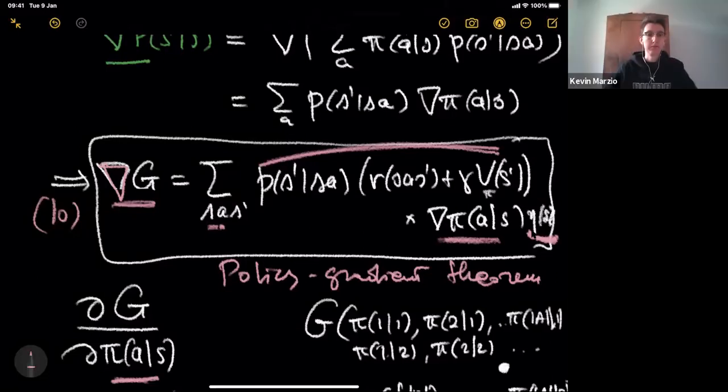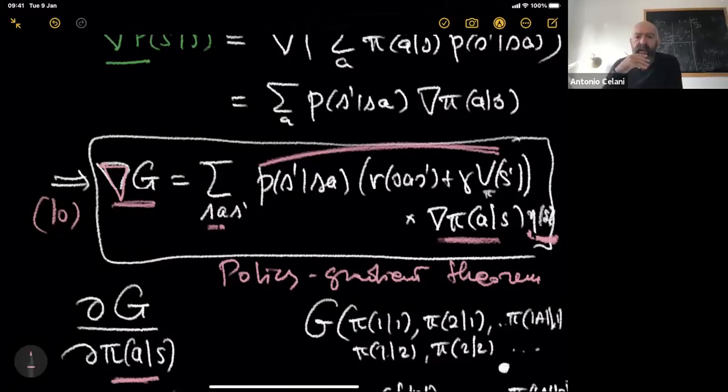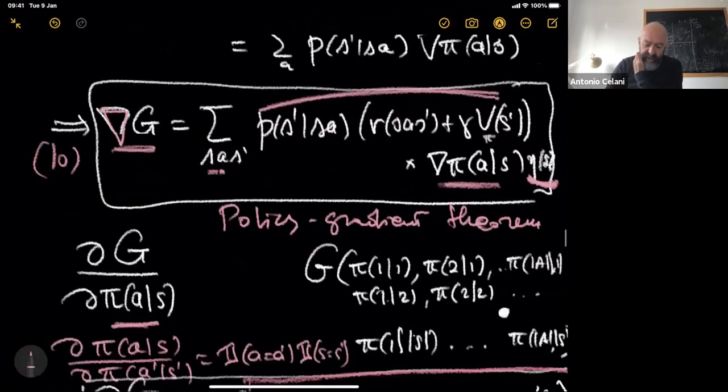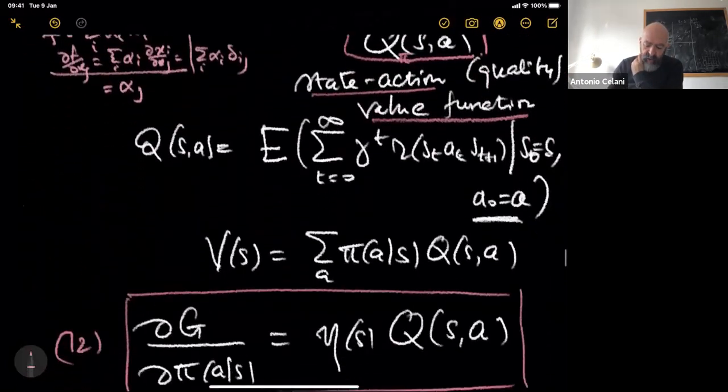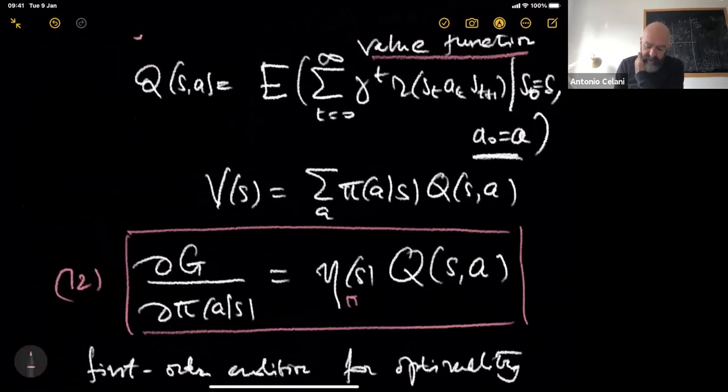This is just a manipulation of the gradient in a way that is convenient and allows us to write the gradient in a form which apparently is more complicated than before, because we have been introducing along the way many things that hide all the complex dependence on pi in their belly. So at the end, the gradient depends on two objects which by themselves depend on pi, but we have definitions for them.